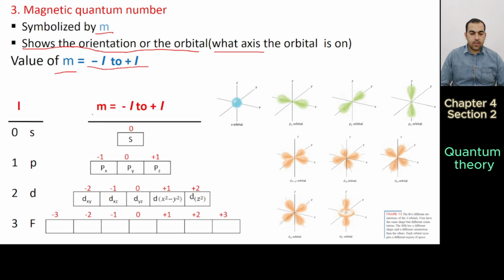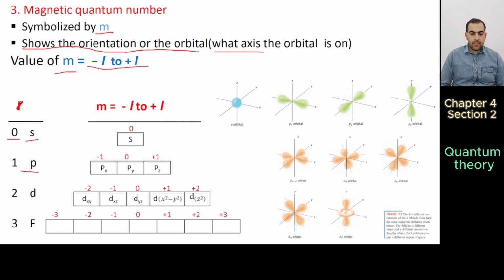Look, we know that when L equals 0, it describes the S sublevel. The S sublevel contains only one orbital, the S orbital.